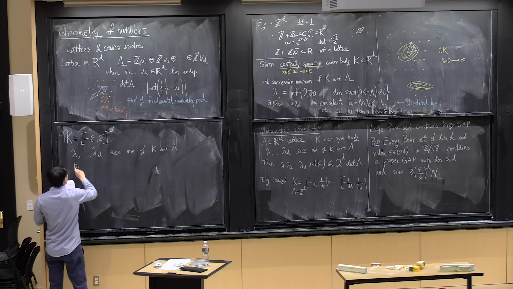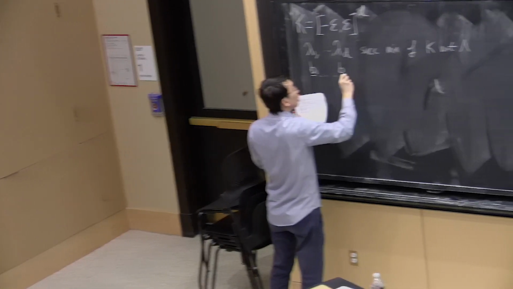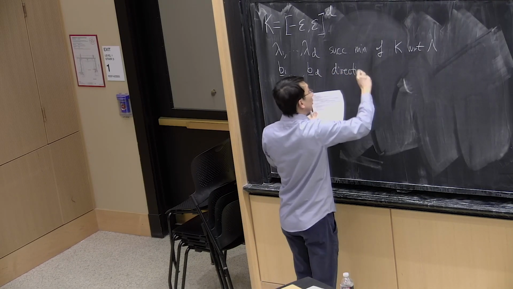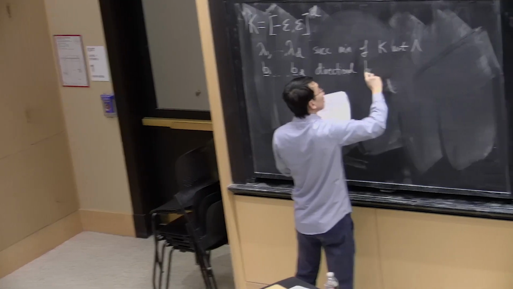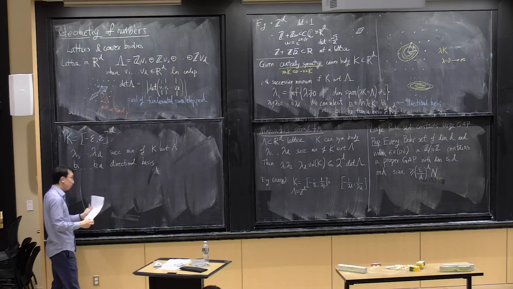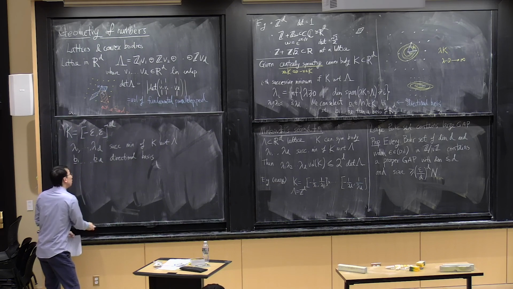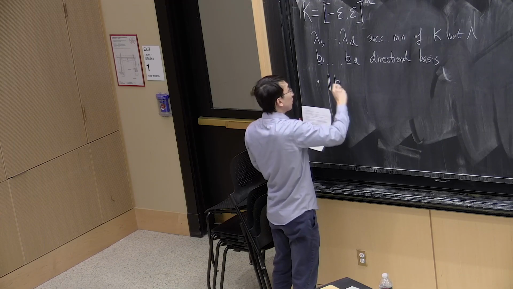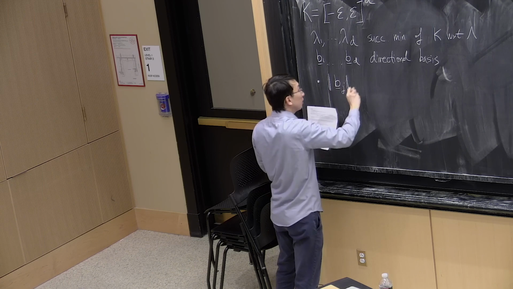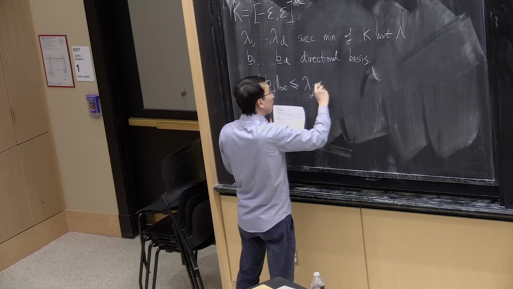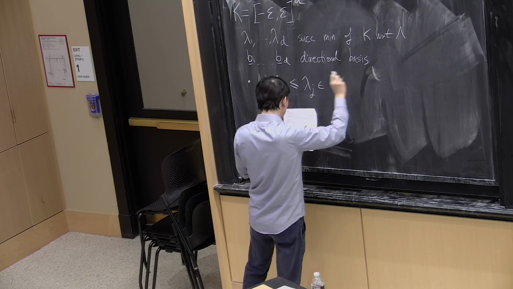and B be the directional basis corresponding to those successive minima. I claim that the L infinity norm of B_j is at most lambda_j epsilon for each j.